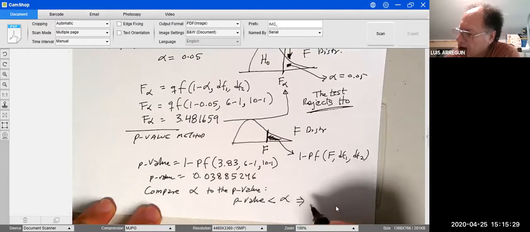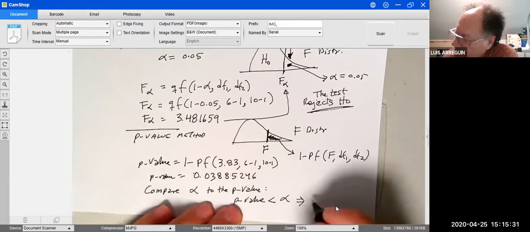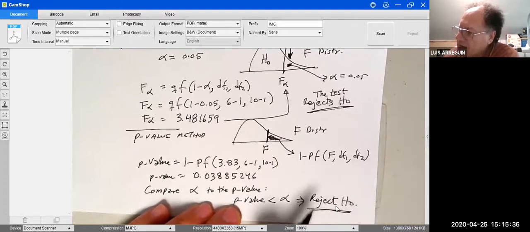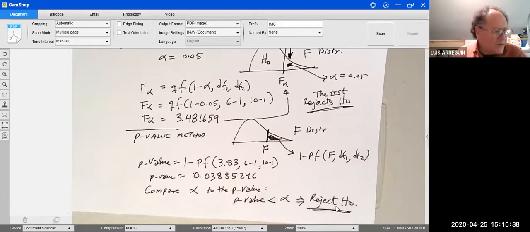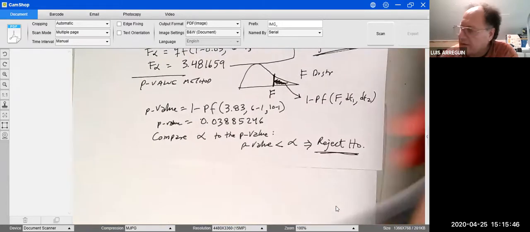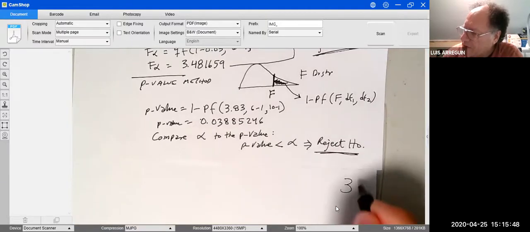So when the p-value is less than alpha, you always reject the null. So the decision is the same. The method that you can use is up to you. I like p-values, but it's up to you. The answer is always the same.